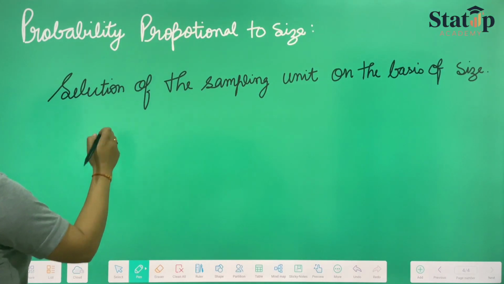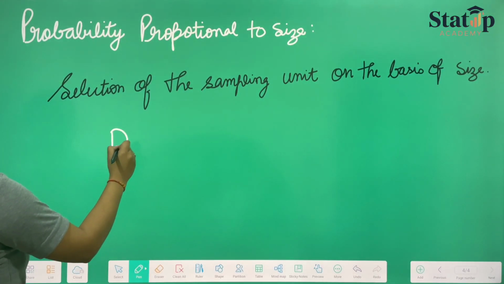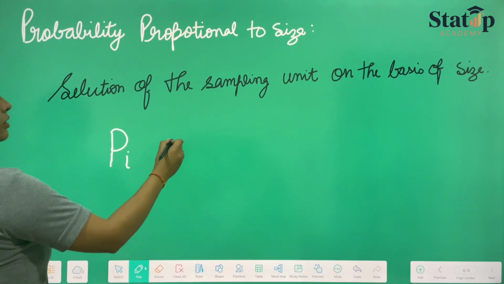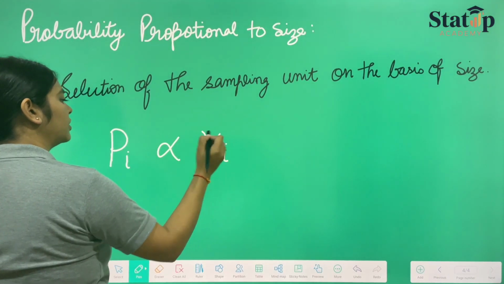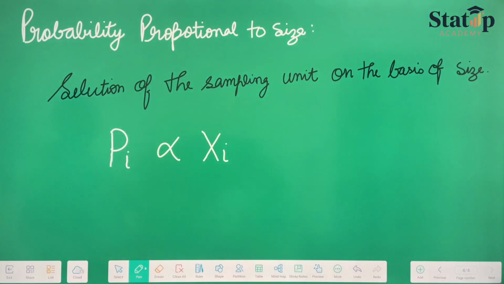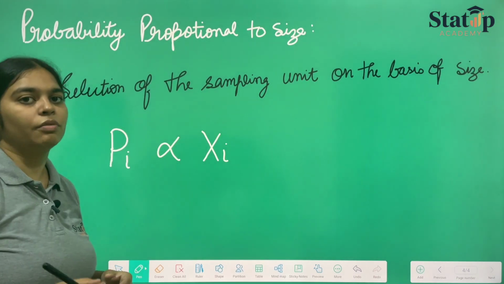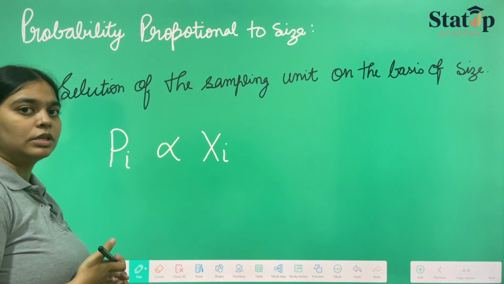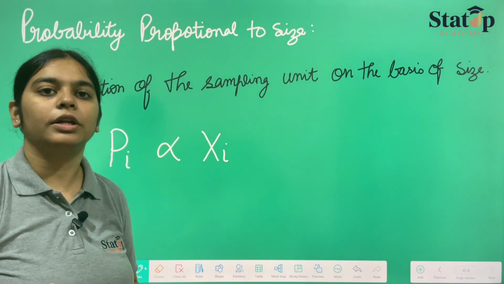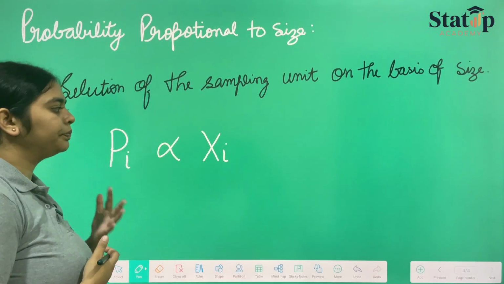Or we can say the probability of selection of ith unit in the sample is directly proportional to the size of the sample, which is xi. So in probability proportional to size we select the samples that may be having larger size or smaller size according to the study we are conducting.